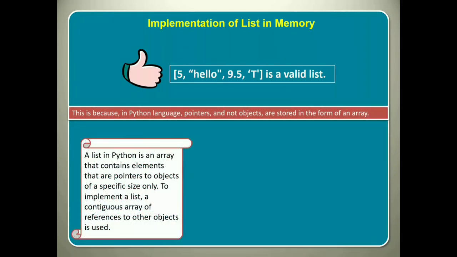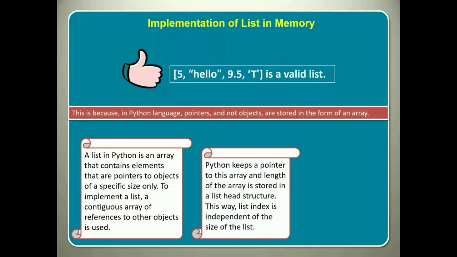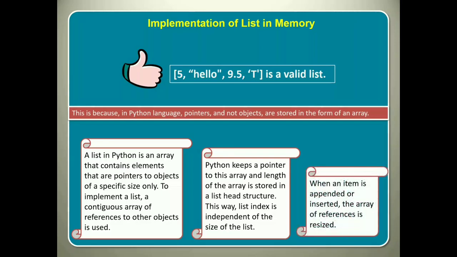Therefore, a list in Python is an array that contains elements that are pointers to objects of a specific size only. To implement a list, a contiguous array of references to other objects is used. Python keeps a pointer to this array, and the length of the array is stored in a list head structure. This way, list index is independent of the size of the list. When you append or insert an item, the array of references is resized.